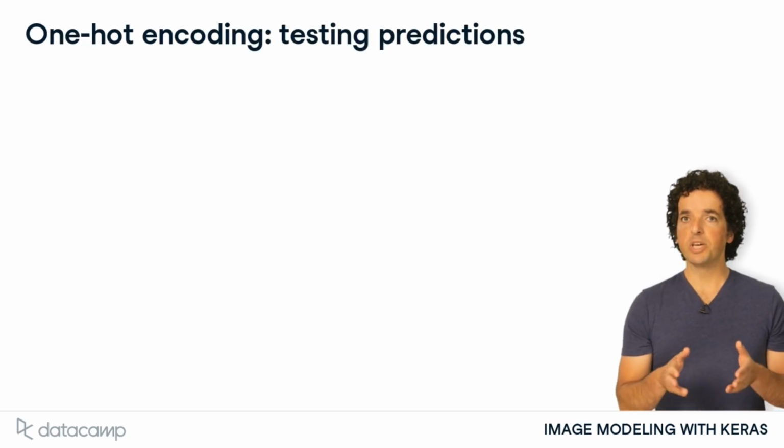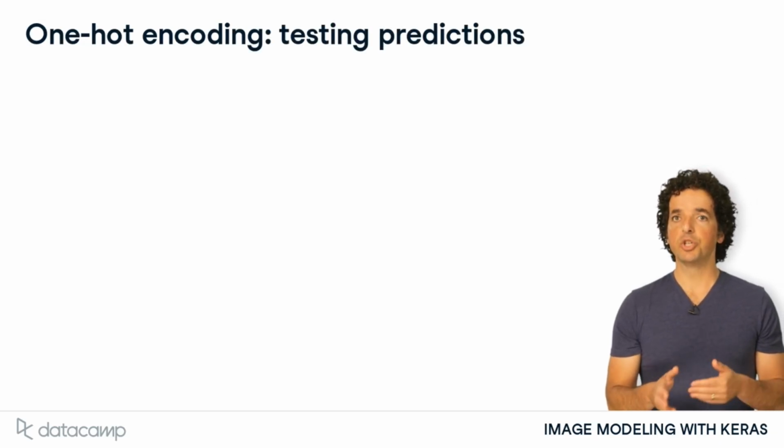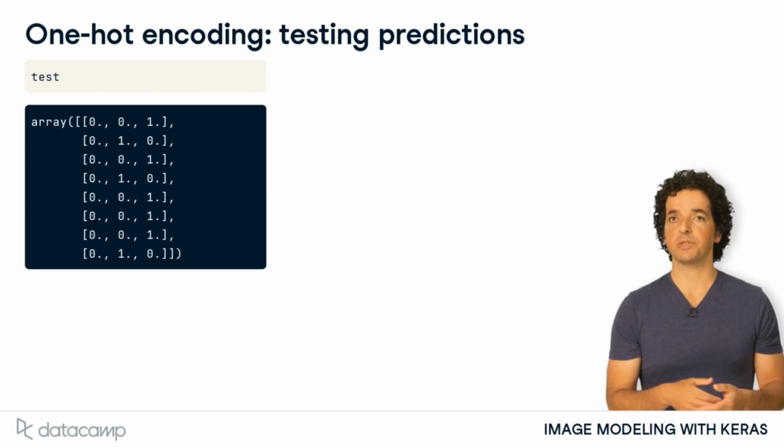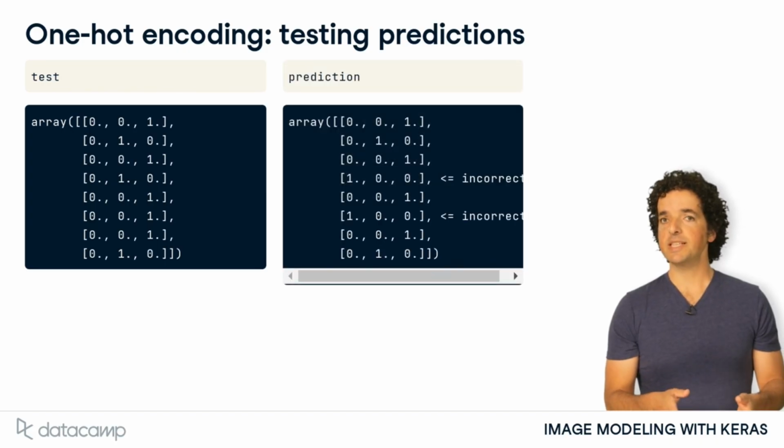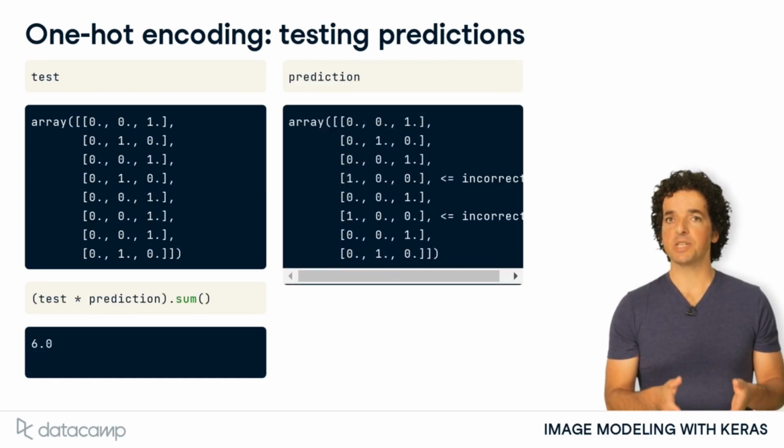For example, we can use the one-hot encoded array to determine how many predictions were correct. In this case, we predicted 2 samples incorrectly out of 8 samples in the test set. The sum of the product of the 2 arrays is 6, which is the number of correct classifications.